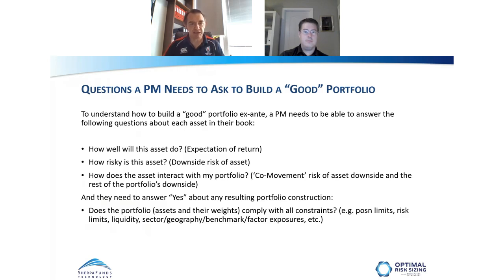So how good is your asset? How risky is it? And then the third thing is, how does it play with the rest of the portfolio, right? So you may have a great asset and it may be very low risk, but if when it falls, everything else in your portfolio also falls, it really has no merit in your portfolio. It in no way diversifies the downside. Okay?